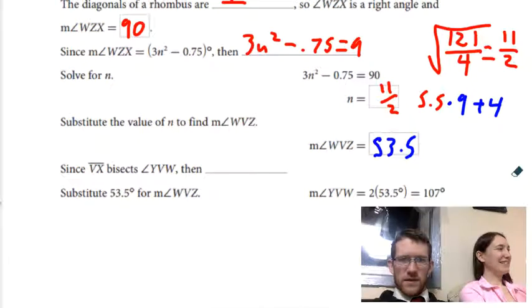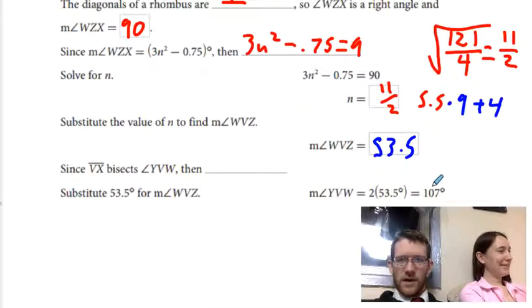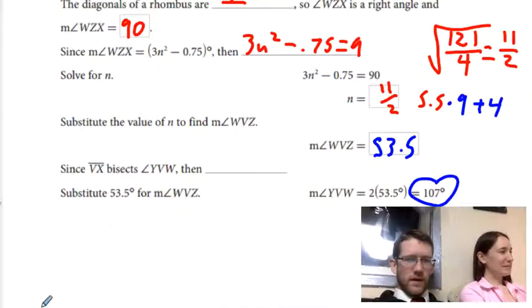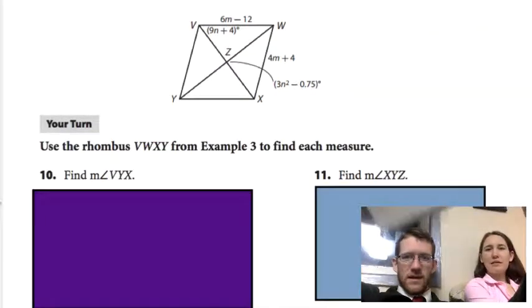Cool. And since we know that VX bisects angle YVW, then we just need to double it, right? So we multiply it by 2, and we get 107. Cool. So we're going to go ahead and pause right here, see if we can do these ones.